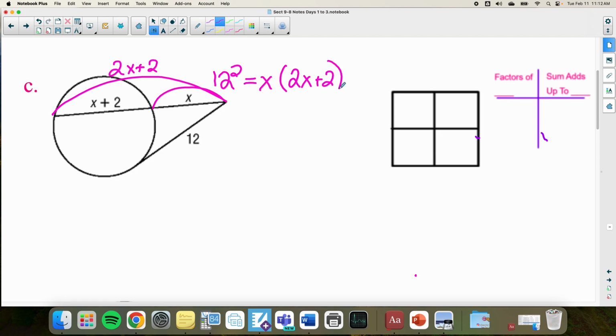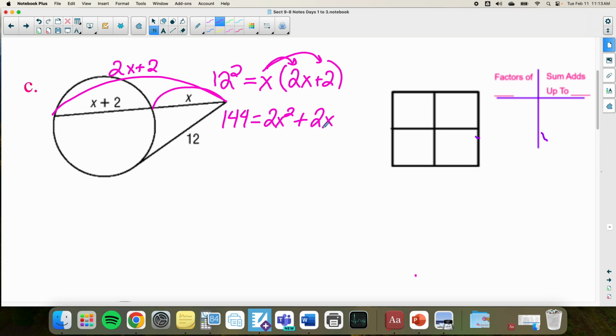Now, 12 squared is 144, and when I distribute this, 2x times x is 2x squared, x times 2 is 2x. Do you guys understand that we have to factor?